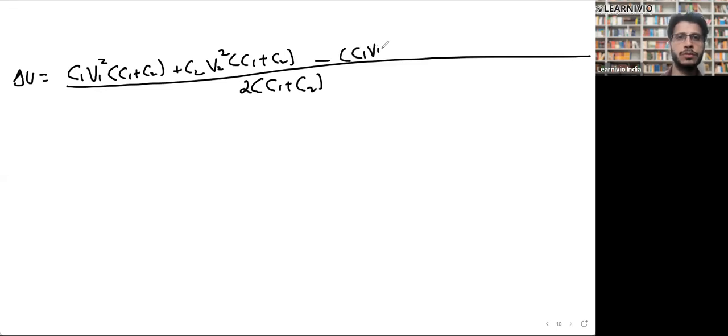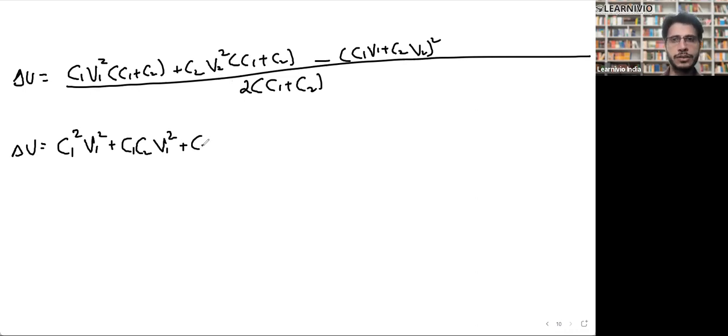So for delta U, you multiply it here: that will be C1 square V1 square plus C1 C2 V1 square. You multiply it here: this is C1 C2 V2 square. You multiply it here: this is C2 square V2 square.